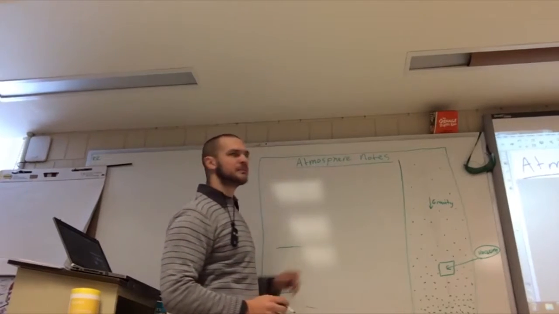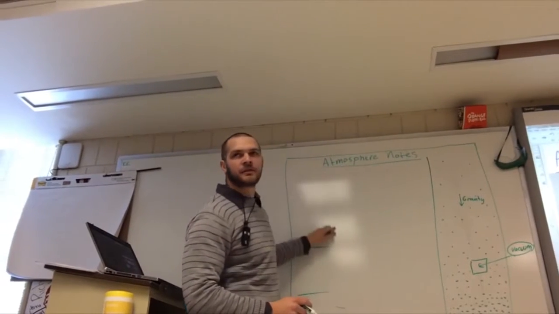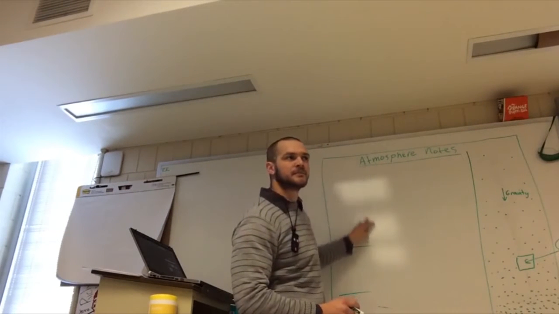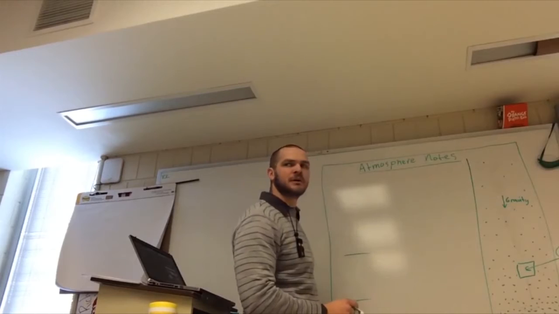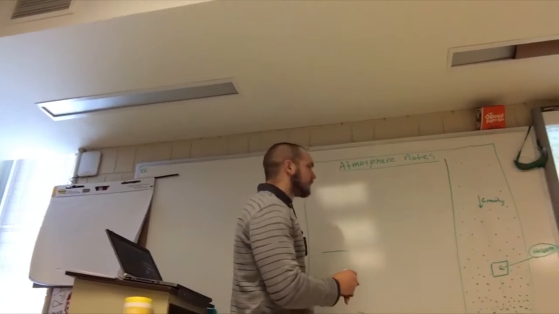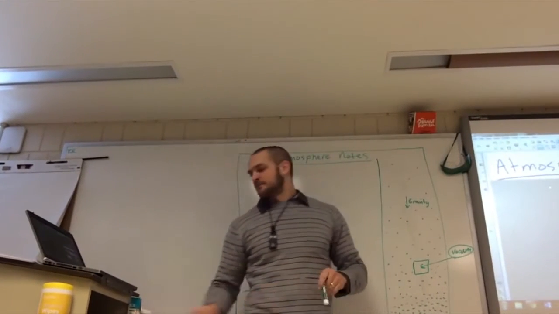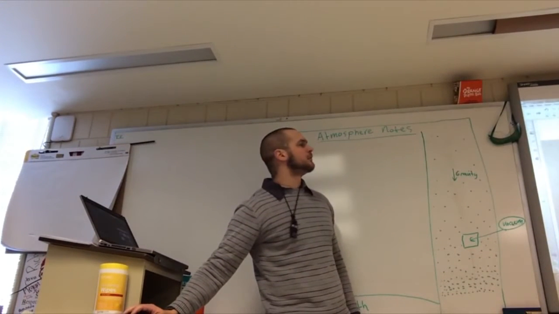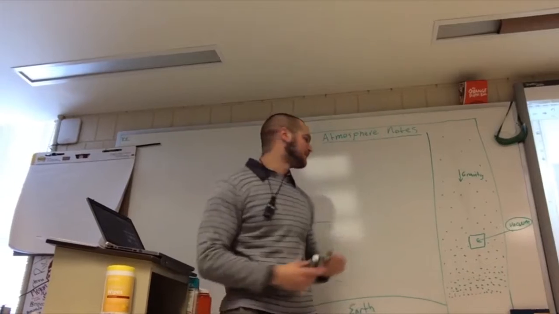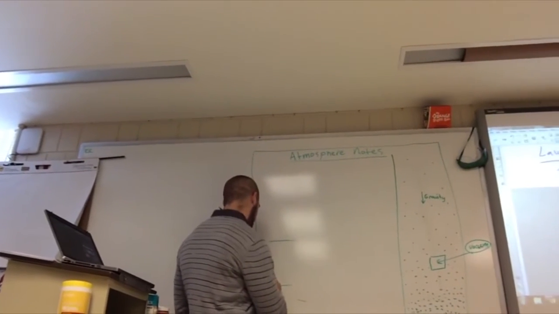I wouldn't fill it all in, but make sure you know that the thermosphere, the very top layer, is going to take up a lot of space, it's got a lot of notes, so don't try to fill your space up right away. Okay? Now, the atmosphere. There's different layers to it. The troposphere is the first one. So troposphere.